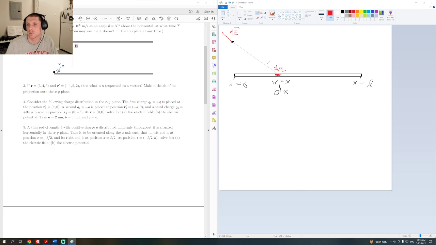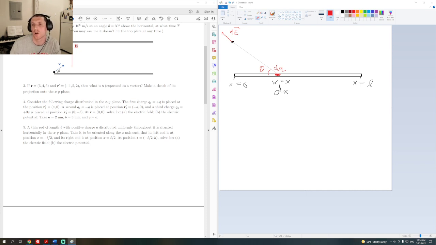Now, this line that connects the bit of charge to the field point is going to make an angle, and we'll call it theta, with respect to the horizontal. This theta allows us to break the infinitesimal bit of electric field into its components. We want to do this here because we don't find that there's going to be any nice cancellation, and that's what makes this problem obnoxious.